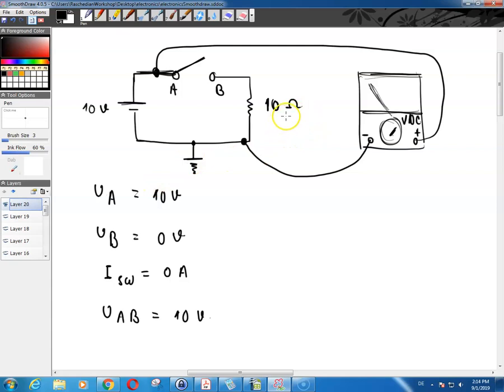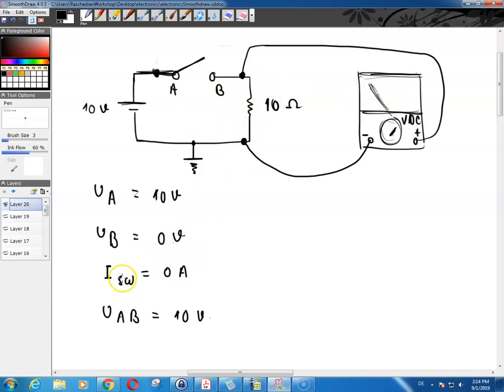Now, on the other hand, if you connect this lead to this point over here, you're reading the voltage between point B and the ground, and you can see that there is no potential difference here. There is just a resistor between the two leads, so you would read 0 volts there.